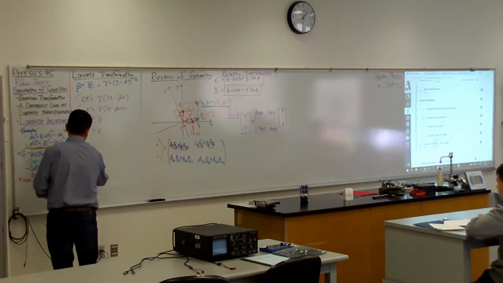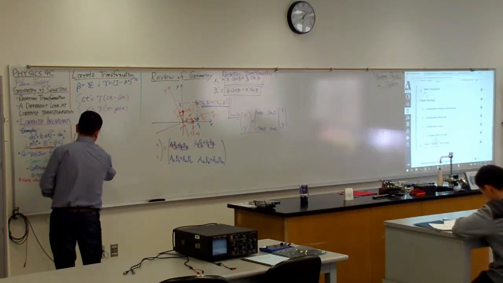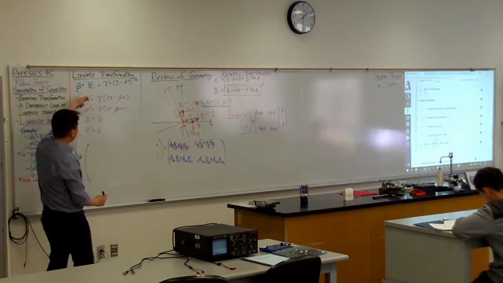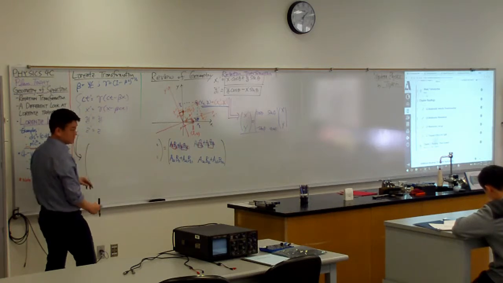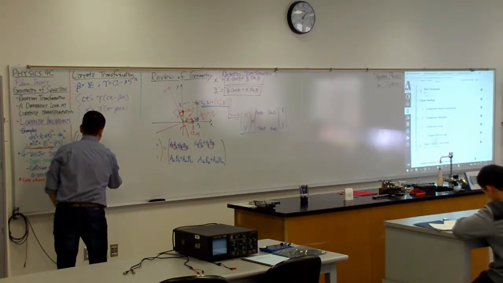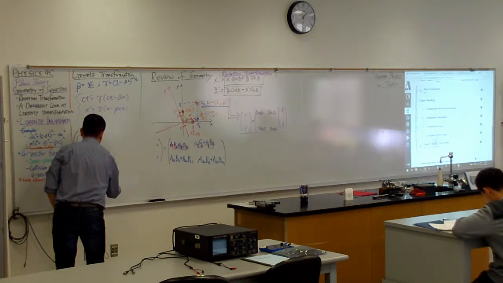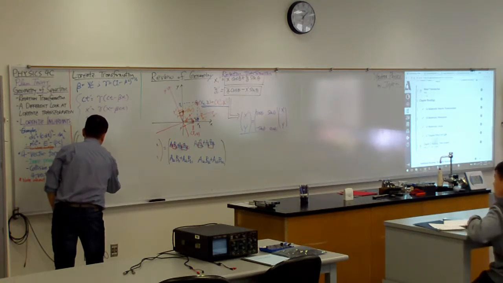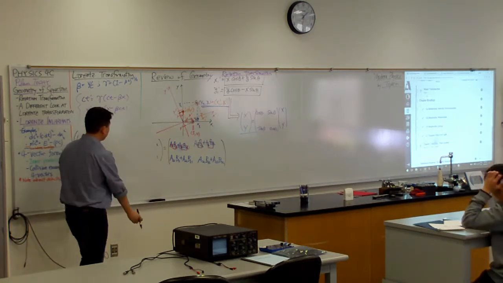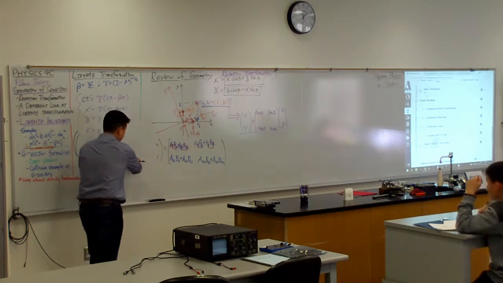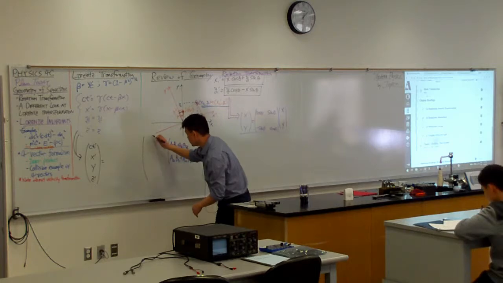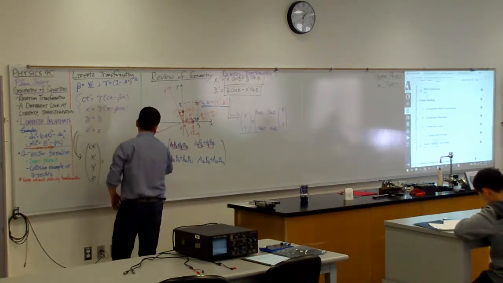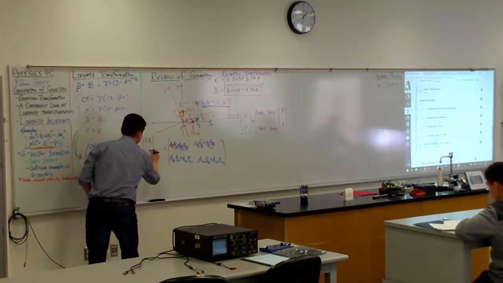So I get a column vector that has four entries: Ct prime, x prime, y prime, g prime. That's the result of multiplying a 4x4 square matrix with another column matrix, which represents the coordinates in the unprimed coordinate system.